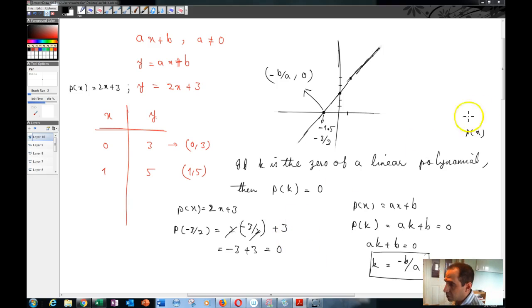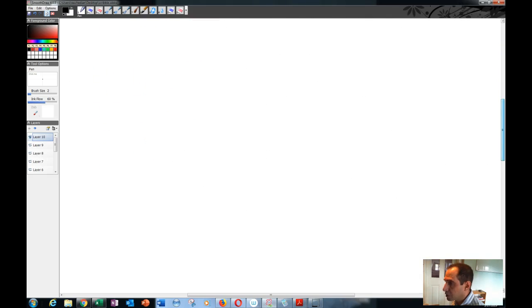Now, there is some other type of polynomial, which is a polynomial of degree 2, which is basically called the quadratic polynomial.